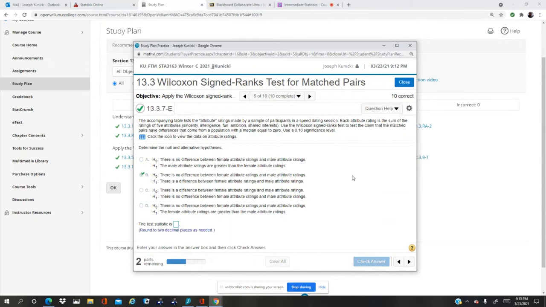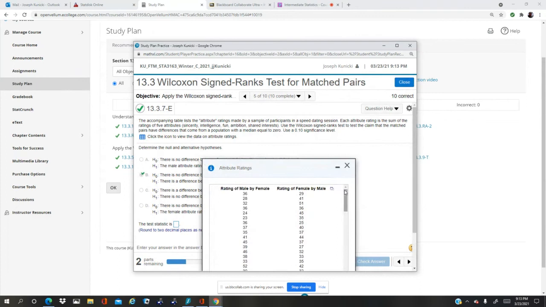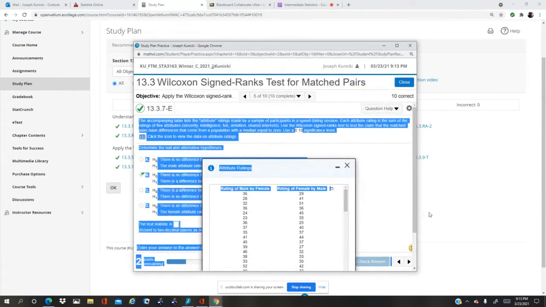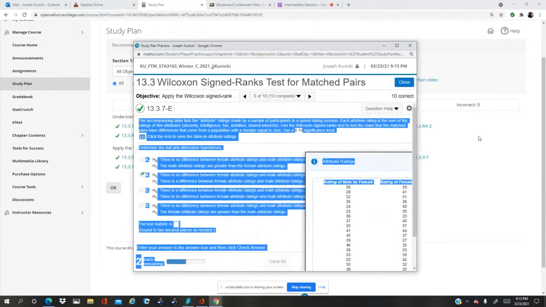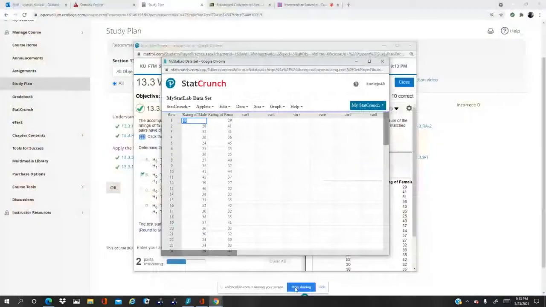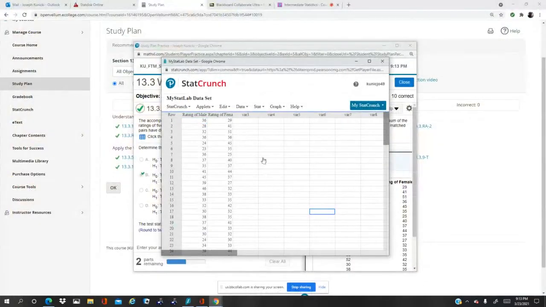Okay, the test statistic. So we open the data in StatCrunch. It's a big data set. There's a lot of them. I think there's 50. We'll see. There's StatCrunch.